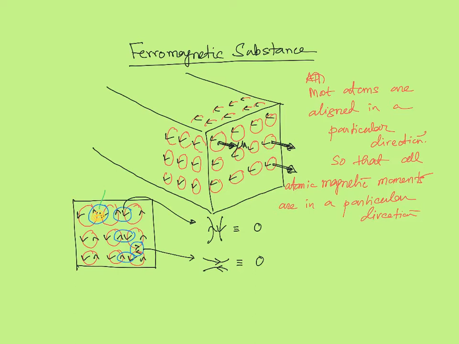So in total effect, what current do you have? You have only the surface current. All the other currents vanish because they cancel each other. So due to these atoms, you have these surface currents. In a diagram I will show you.